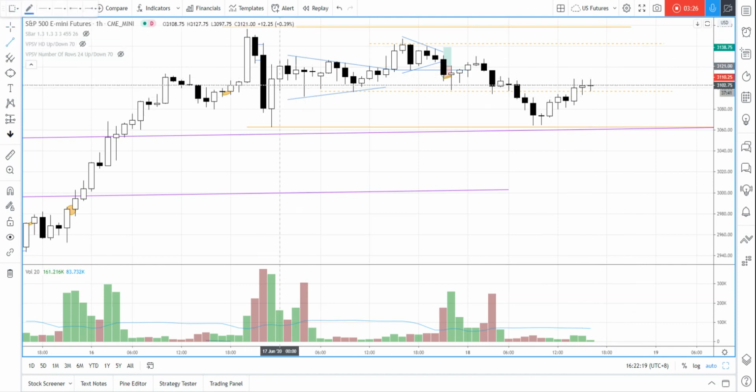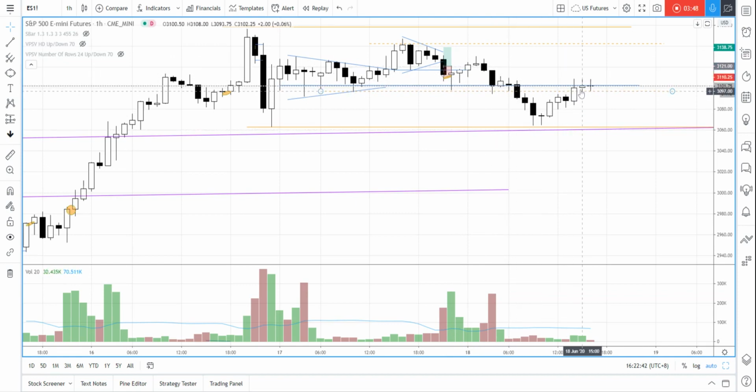It is an axis line here, but this level is not really a swing low or swing high, but you can see that price respected this level for some time. It rebounded from here, then rebounded a little bit and penetrated through.